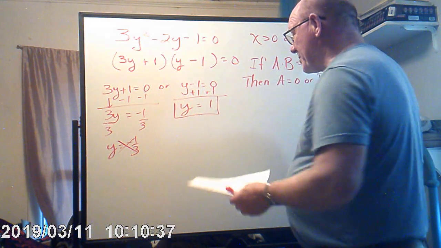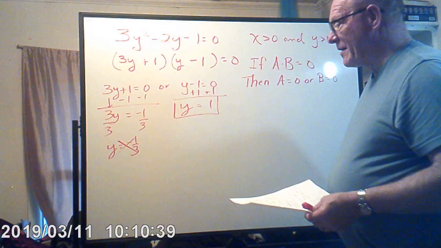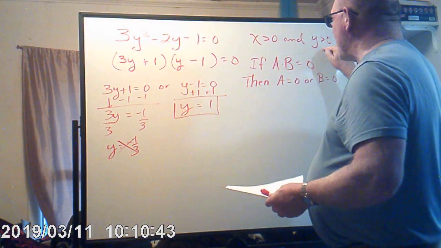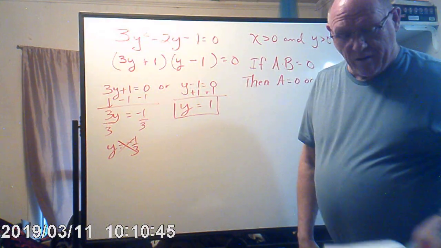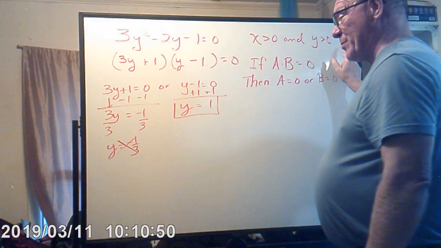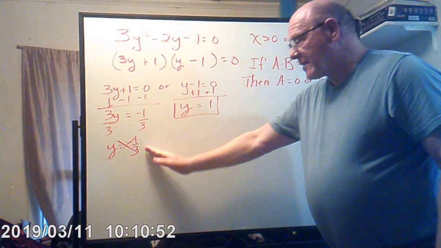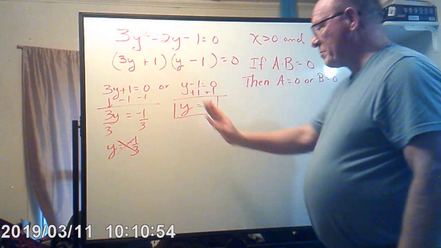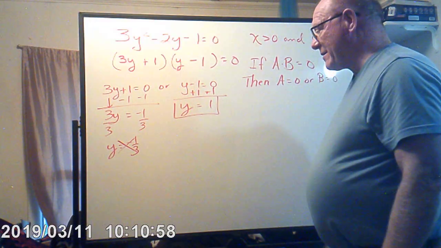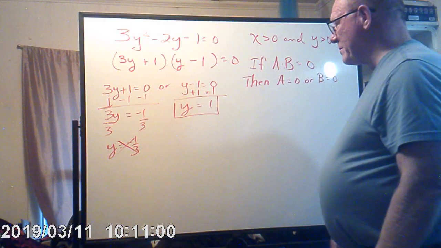And that's it. So there it is. Y is equal to 1. Cannot accept this one because we have a restriction here, and y is greater than 0. Y is positive. We cannot accept this one. So please, if you get this answer, cross it out and say y is equal to 1.